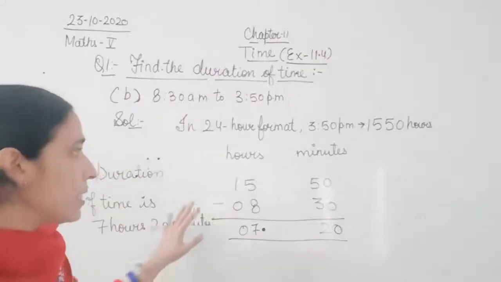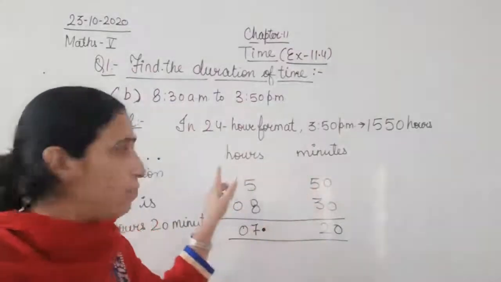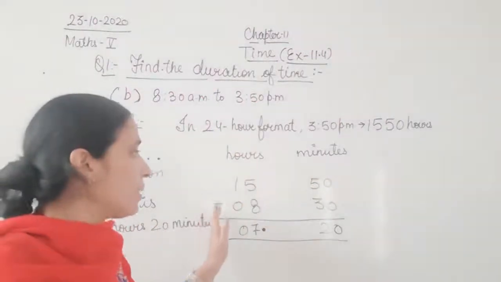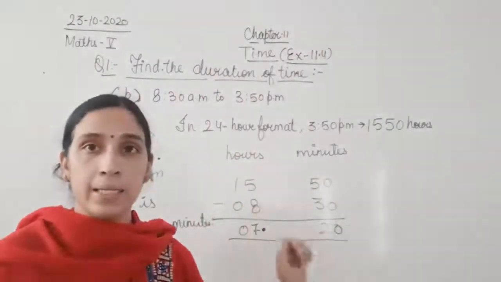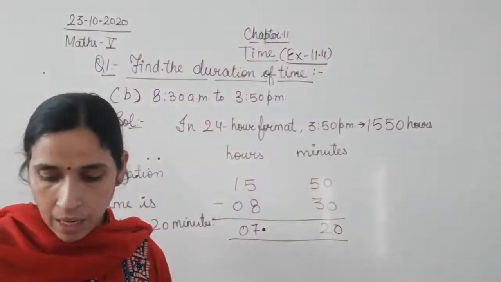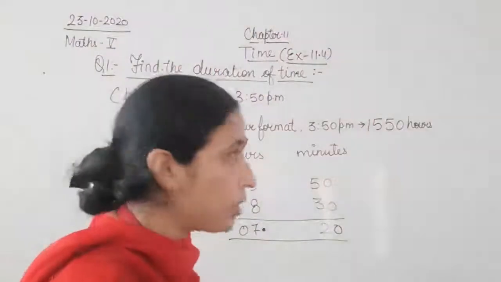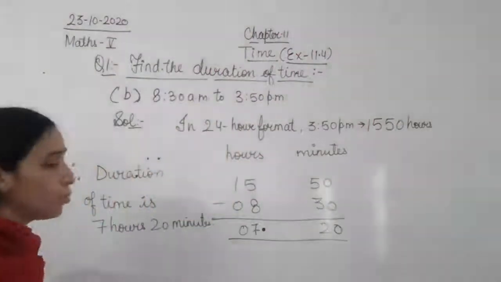After writing that, we will make 2 columns, hours and then minutes. So from 1550, we will be subtracting 8 and 30. So children, I hope the concept of doing subtraction is clear to you all.